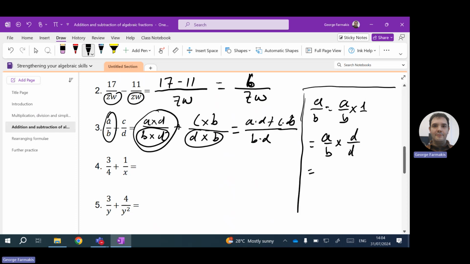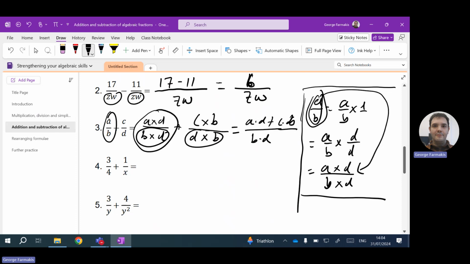So what do I do with multiplication? I multiply numerator with numerator, denominator with denominator. So a over b is equal to a times d over b times d, and the same is for c over d. So this is how you can go from this fraction to this equivalent form of the fraction, where now your denominator is b times d.